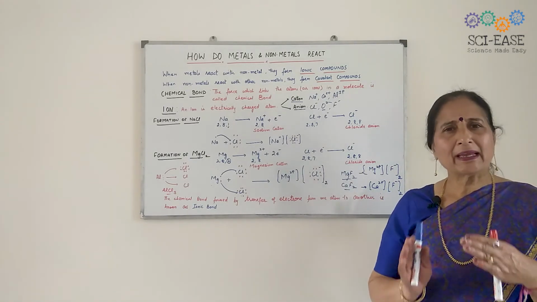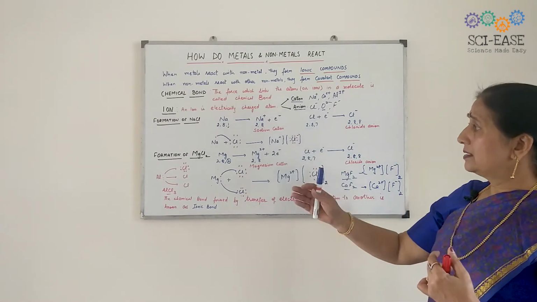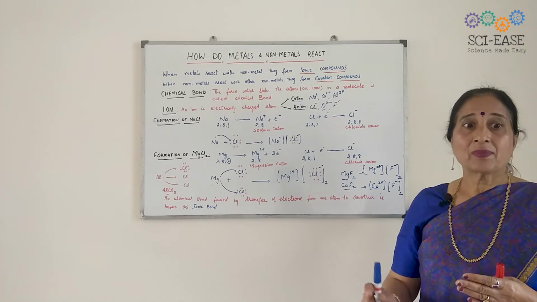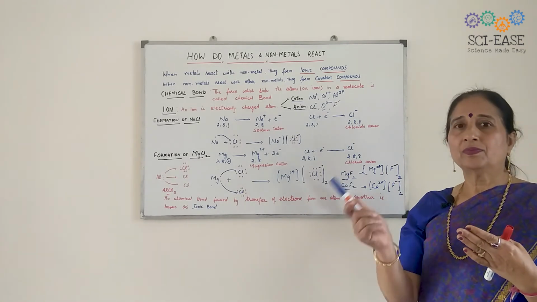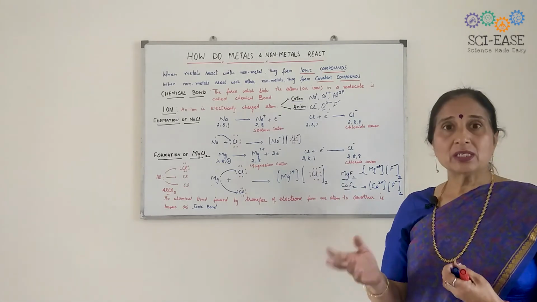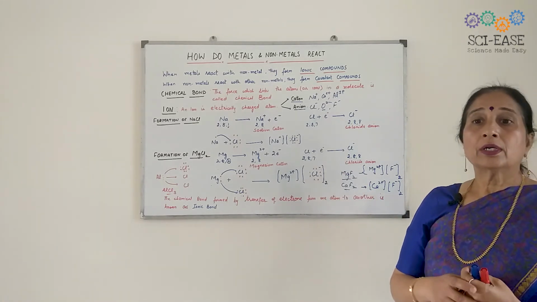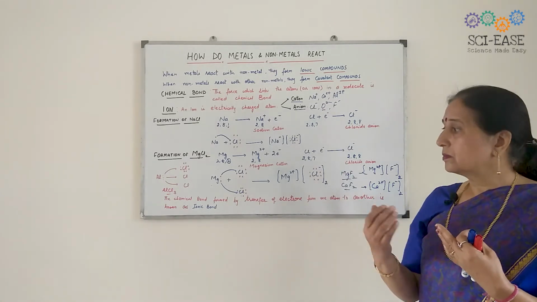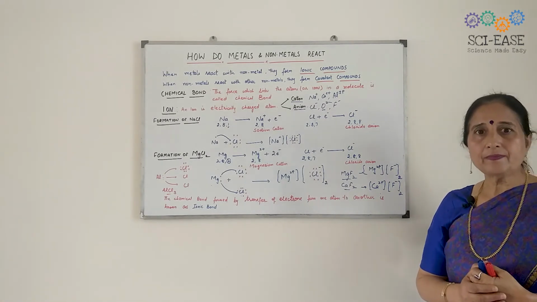You can take as many examples as you can and practice it. The question that is asked: show the bond formation in case of MgCl2 or CaF2 or CaCl2. So it can be asked.